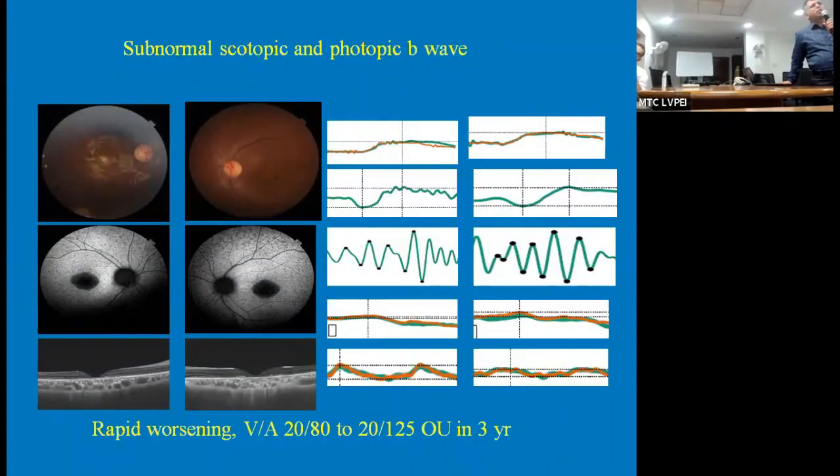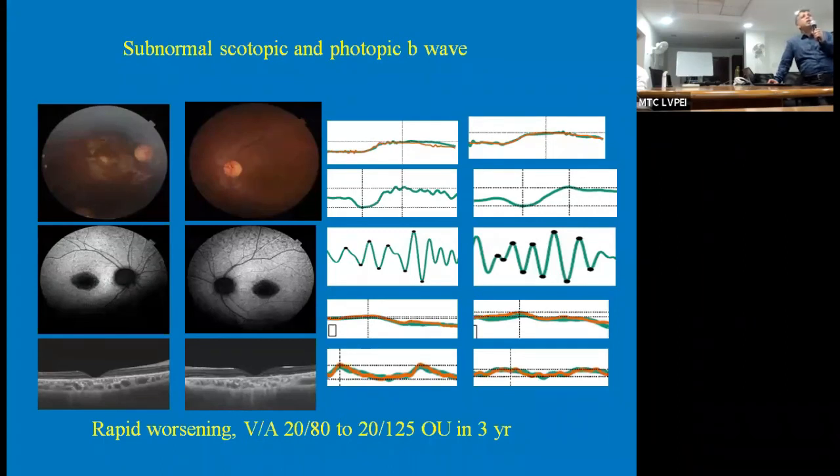We can see here the flecks, bilaterally symmetrical atrophic patch, but here the photopic and scotopic responses were affected. Usually in Stargardt macular dystrophy, the rate of progression is slower than the other classes of panretinal dystrophy.